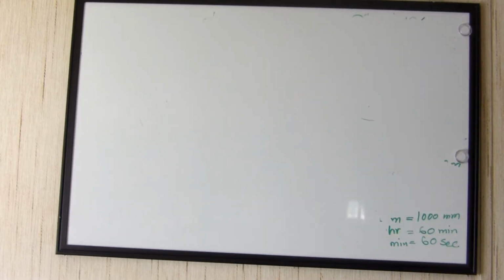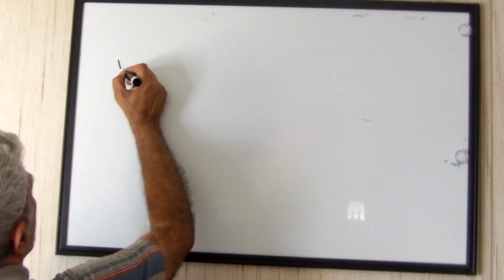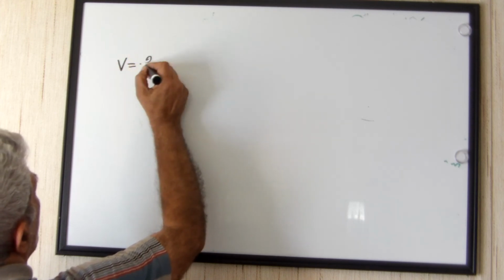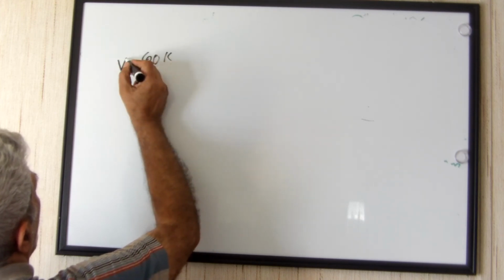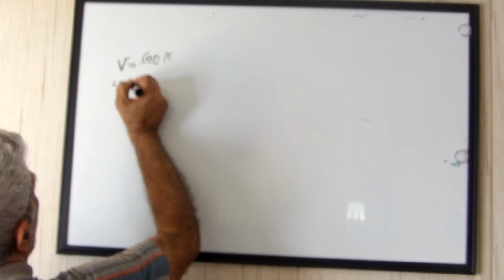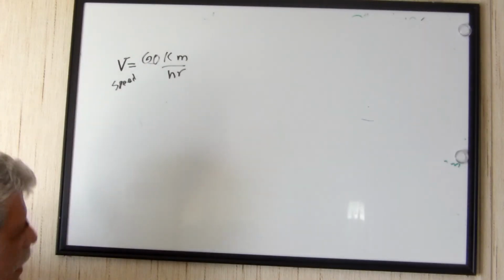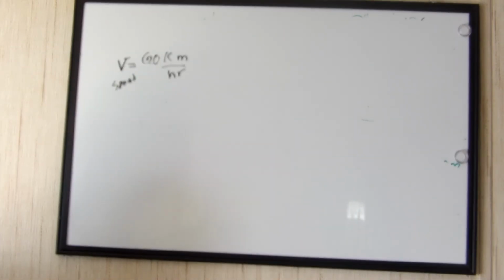Okay, we still have time. So we found the speed, 60 kilometers per hour. We could change it to minutes, to everything, but there are so many other things in units.